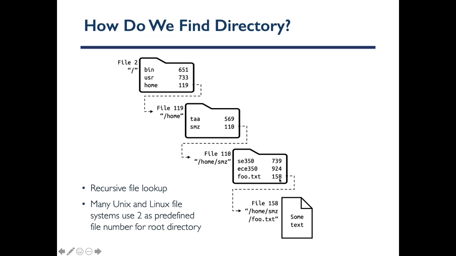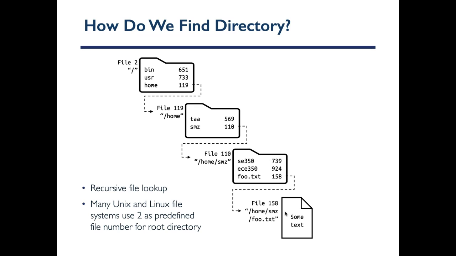I can see that this file is 158. So I actually find my file. Basically, this recursive procedure turns our human readable path or file name into a file number.